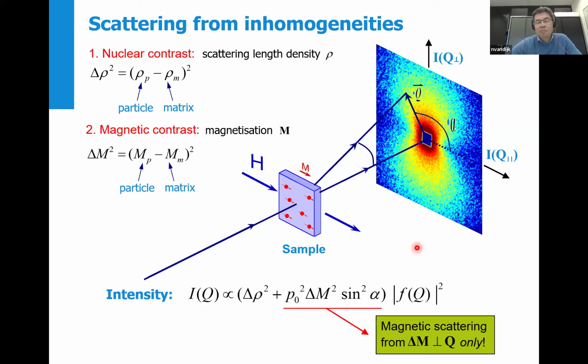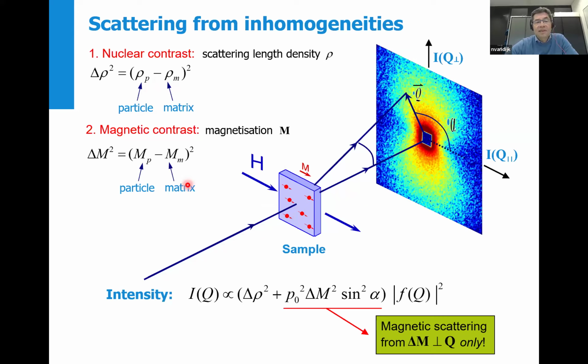There are two possible sources of scattering. The first is that the particle has a different chemistry than the matrix. Then the composition of nuclei will be different, and that difference results in contrast, which is the source of this scattering.